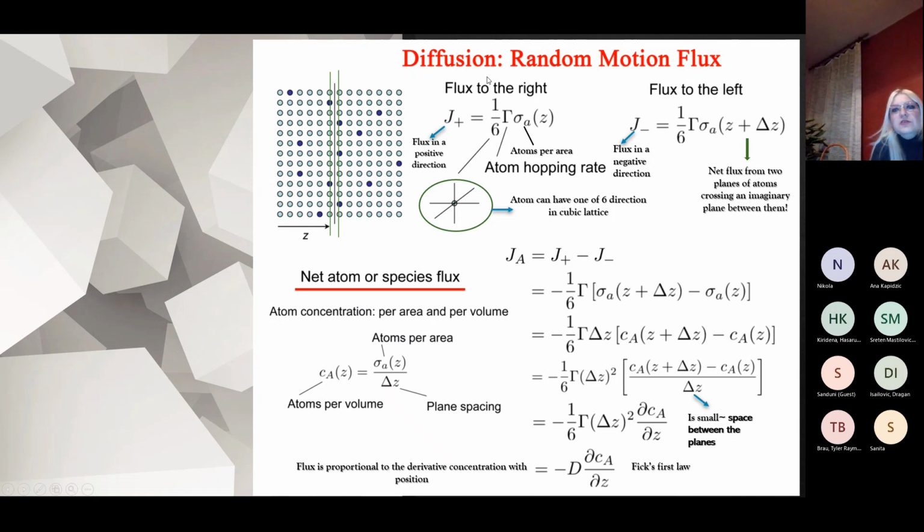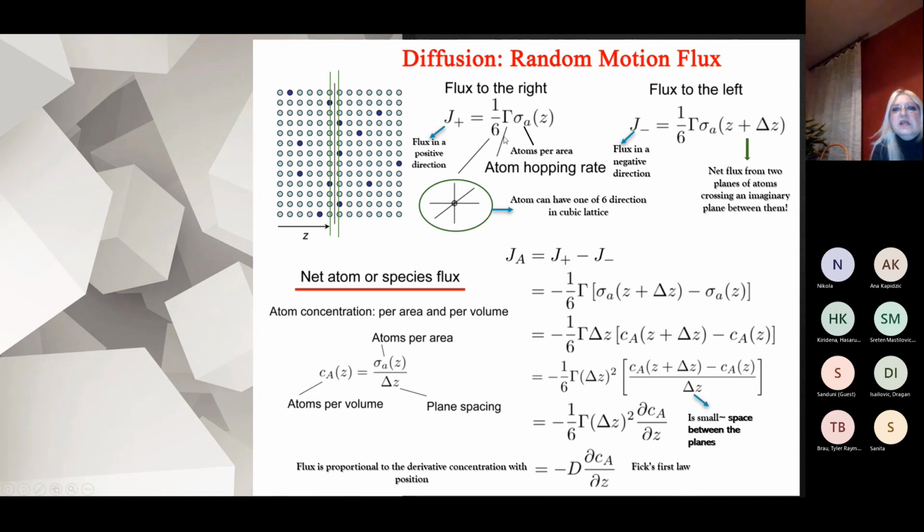The flux to the right is the positive flux, as we call it, because the holes also move to the right, so they are positive, and it can be expressed with a factor of 1/6. The 1/6 is because the atom can go in one of the directions in the cubic lattice. When you let the atom rearrange, it can go up, down, left, right, along a diagonal, and everything else.